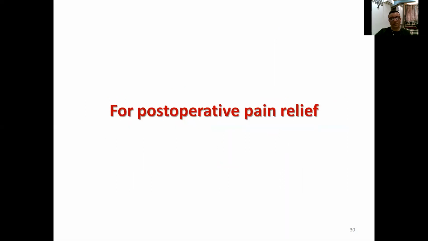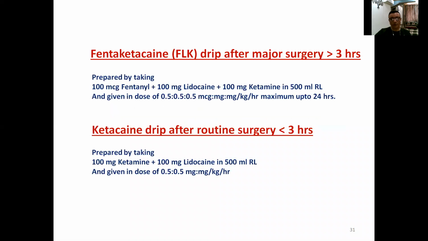For post-operative pain relief, people have tried a fentanyl drip after major surgery of more than 3 hours. It is prepared by taking 100 microgram fentanyl, 100 milligram lidocaine plus 100 milligram ketamine in 500 ml of RL, and given at a dose of 0.5 milligram per kilogram per hour, maximum up to 24 hours.